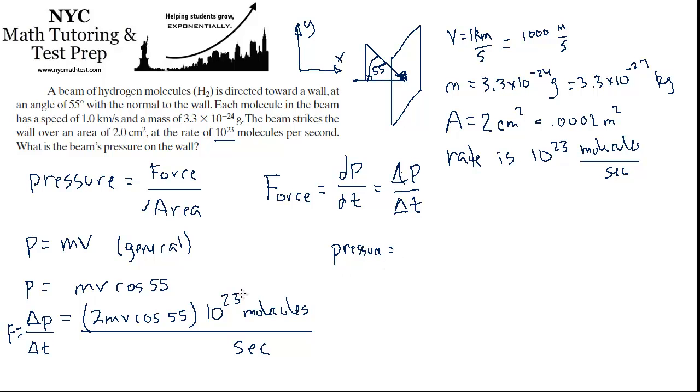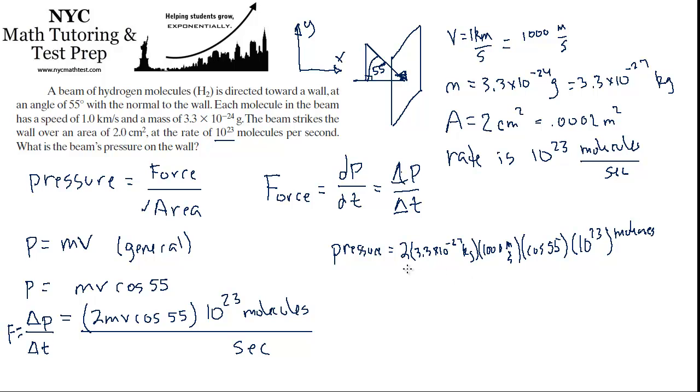Pressure equals 2 mv cos 55. So 2 times the mass, which is 3.3 times 10 to the negative 27 kilograms, times the velocity, which is 1,000 meters per second, times cos 55, times 10 to the 23rd, and that's molecules.